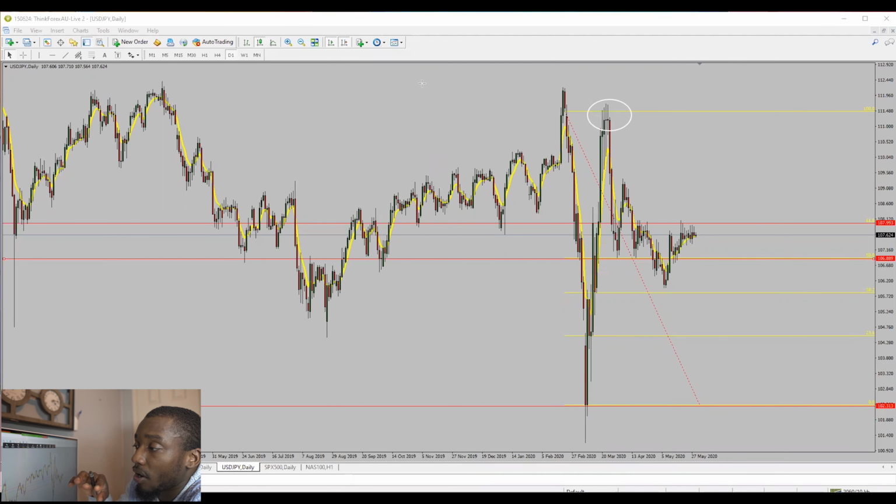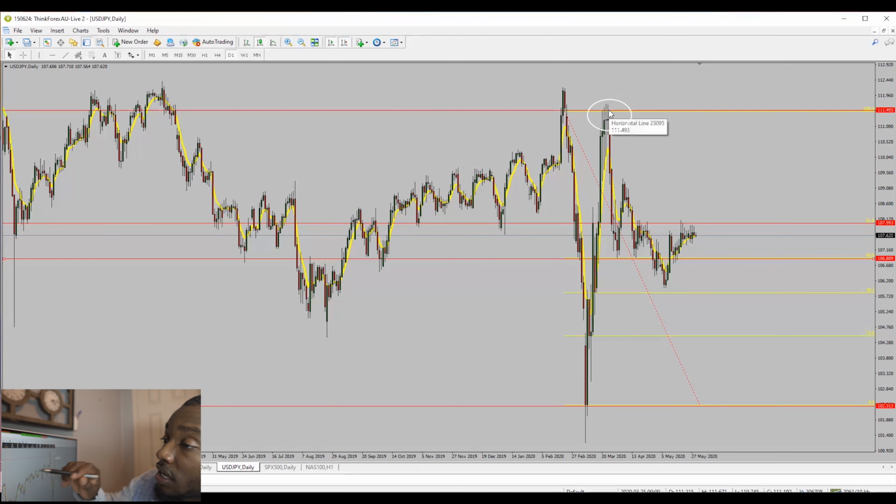Now these don't always hold up by themselves. Dojis hold up in places where there is already support and resistance that can be identified. So if I draw a line here, as you can tell, it was a resistance line at some point where that doji was created.